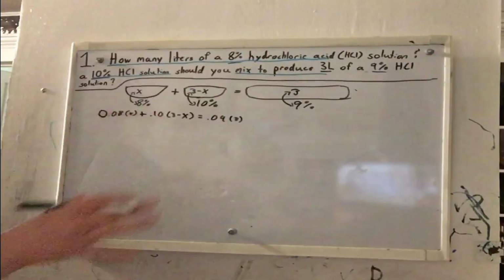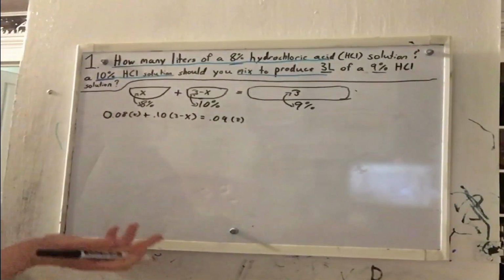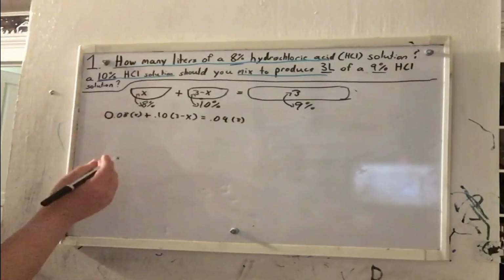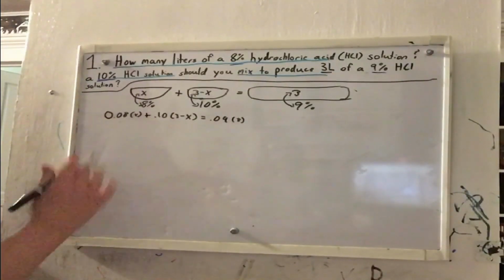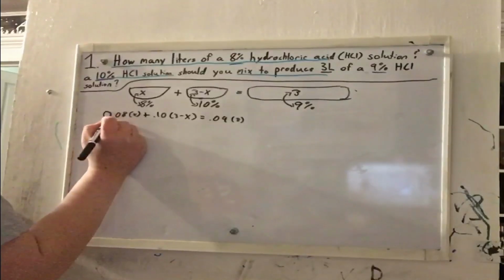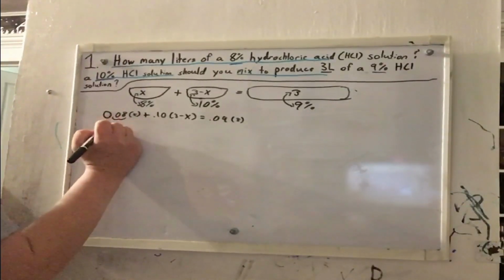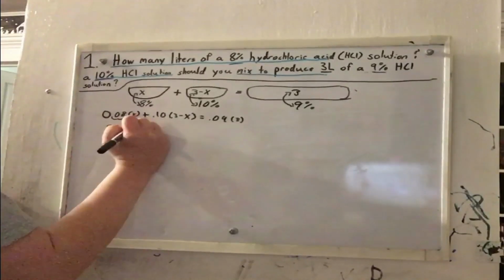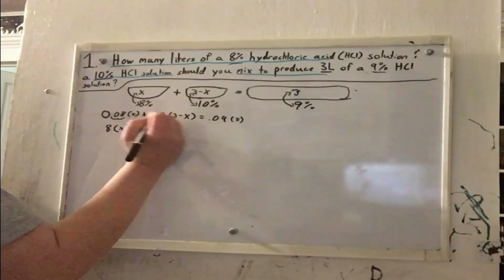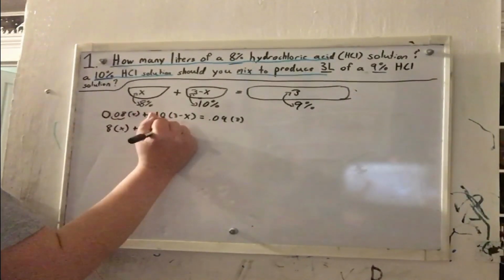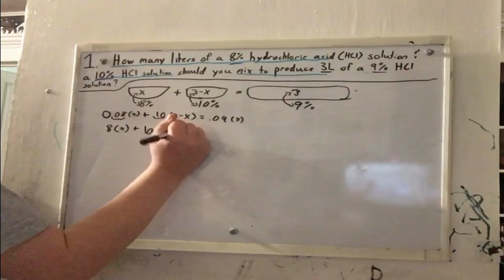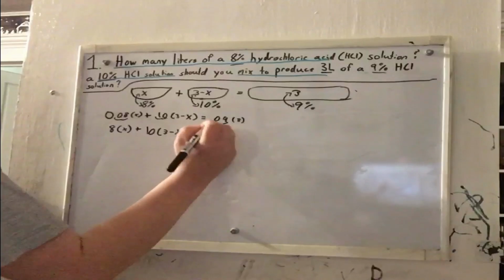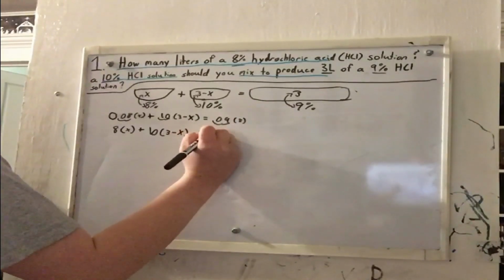Now we're going to convert these to not decimals. We're going to get rid of the decimal places because it's just easier to work it that way, and we can do it to all 3 of them. So we're going to jump over with the decimal place, and we're going to have 8 times X plus 10 times 3 minus X equals 9 times 3.